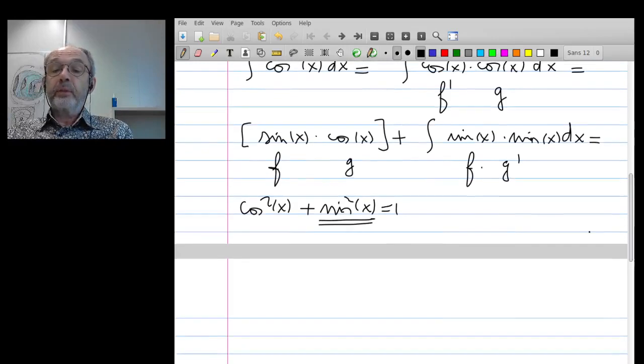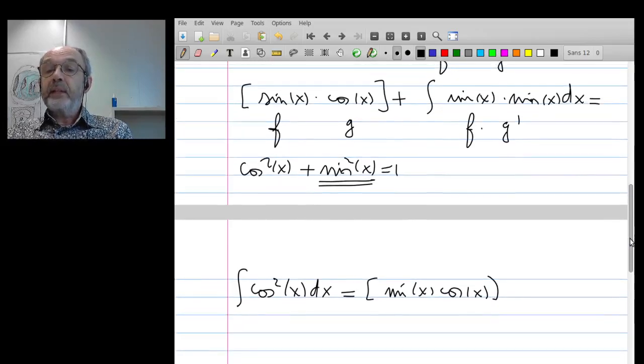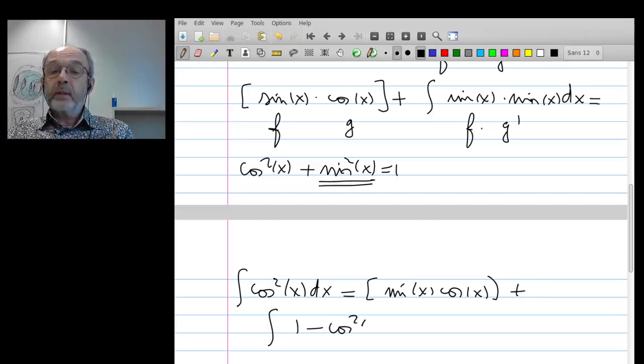What's the result? Then I started with the cosine squared. That was the first, and then I did some steps. I have between the brackets the sine of x times the cosine of x, and then plus the integral, and then sine squared is 1 minus the cosine squared dx. And look, what do I have?